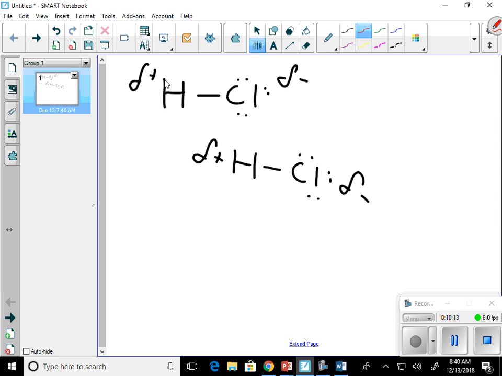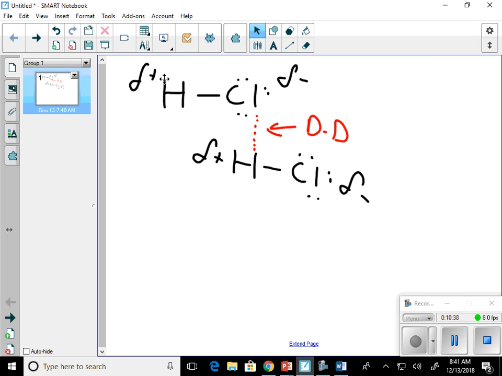So the dipole-dipole is the attraction between the partial negative of one molecule and the partial positive of another molecule. It's very common that dotted lines will be used to show the intermolecular force. So this is our dipole-dipole.